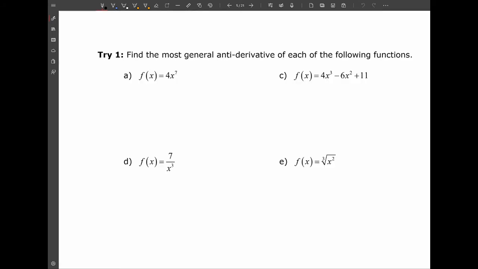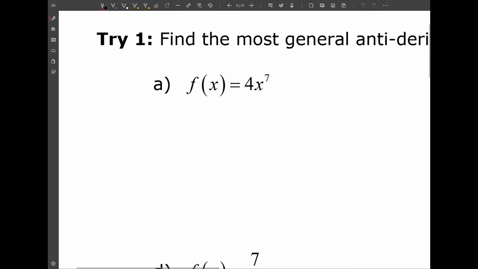So, we're going to start with our try 1a. F of x is equal to 4x to the 7. Okay, I'm going to do this one pretty quickly. So I'm looking for the antiderivative of 4x to the power of 7 dx.